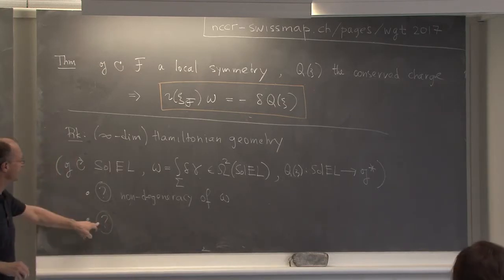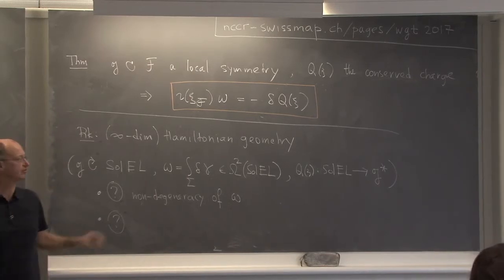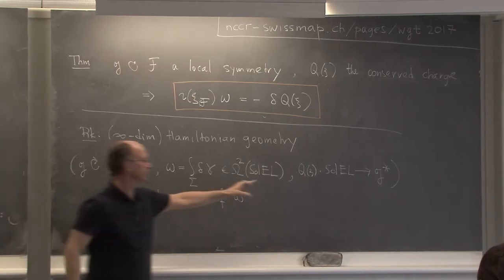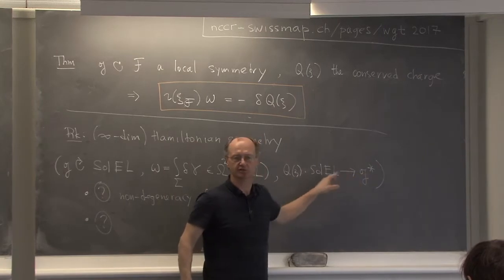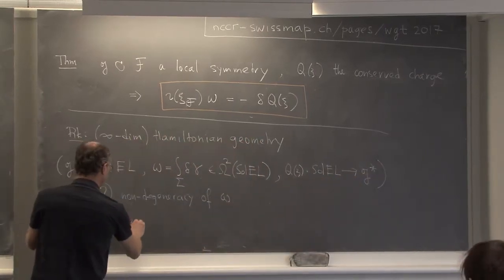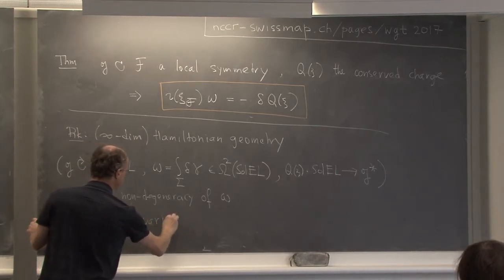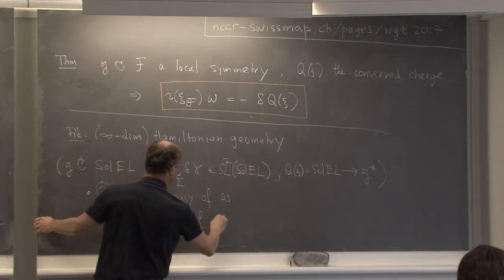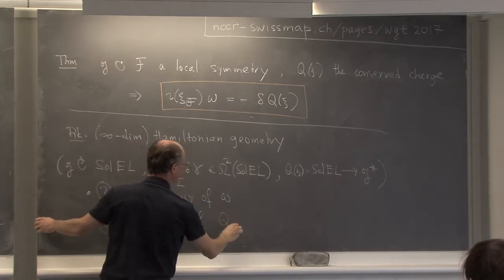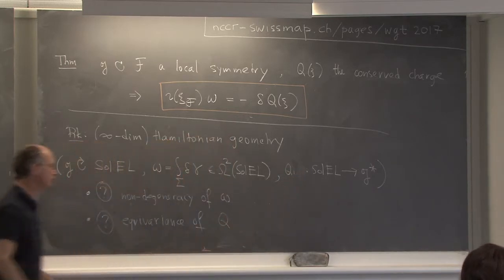The other question is, in Hamiltonian geometry, we typically assumed that this map is equivariant. Now, this is by no means guaranteed.